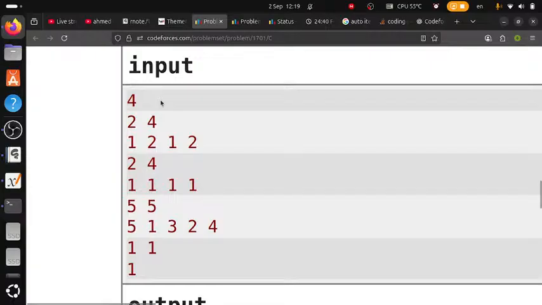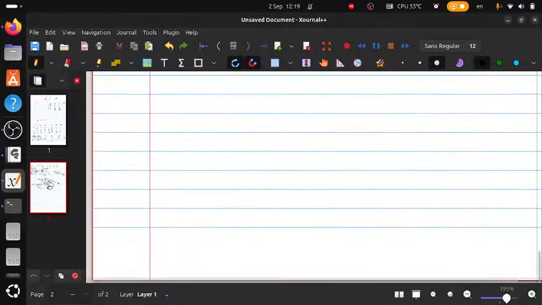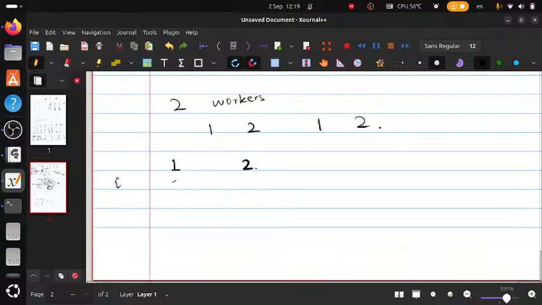In the first example, we have two workers, and there are 1 2 1 2. Now first guy, we have person number 1 and person number 2. So person number 1 solves this problem right here, at index i of 1, right?